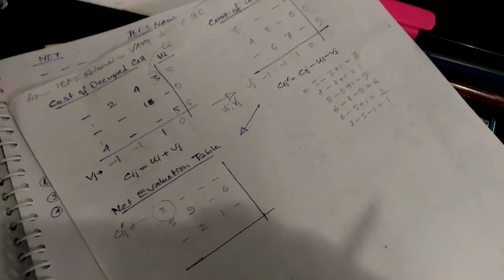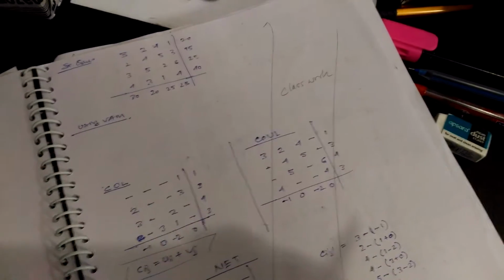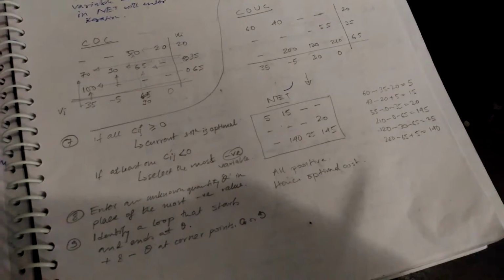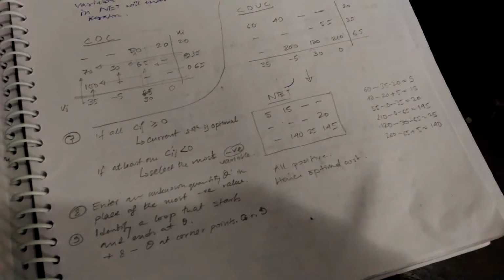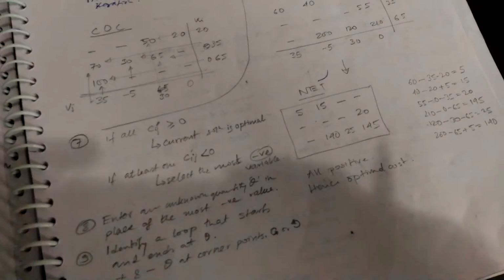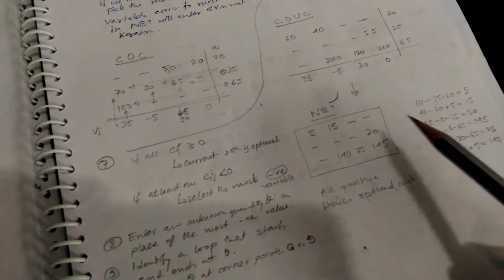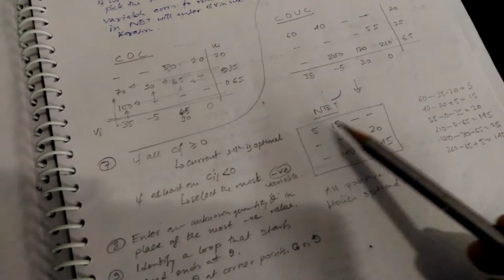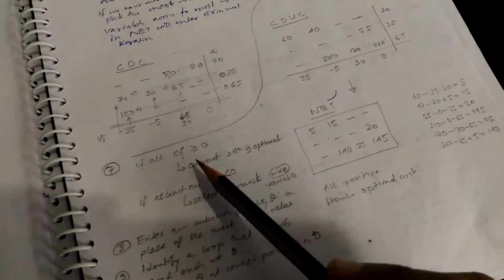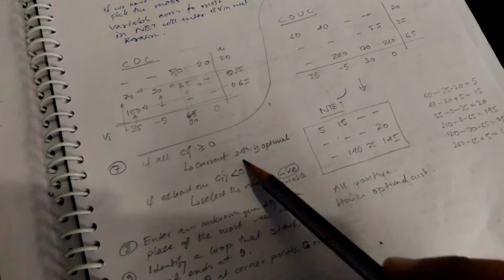Now this is one more example. In the net evaluation table, if all are positive, the cost is optimal. If all Cij dash are greater than or equal to 0, these being the Cij dash in the net evaluation table, then the current solution is optimal.